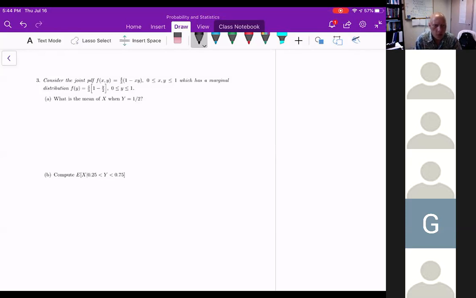So in part A, I want to know what is the mean of x when y equals 1/2. So that's our challenge here. We want the expected value of x when y is 1/2.